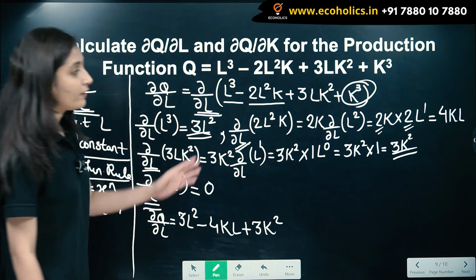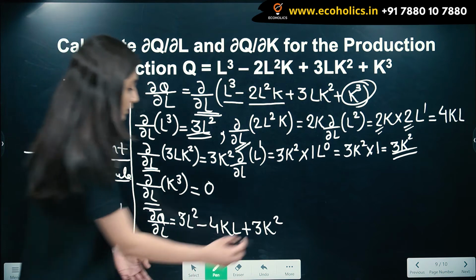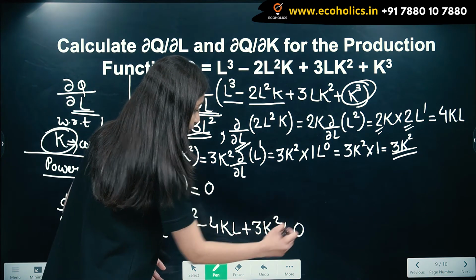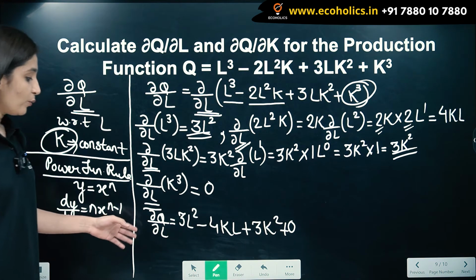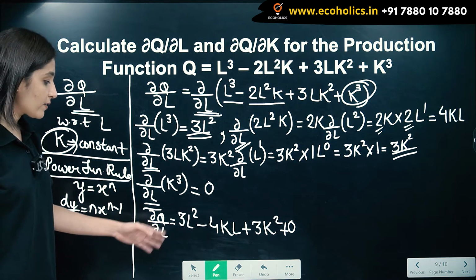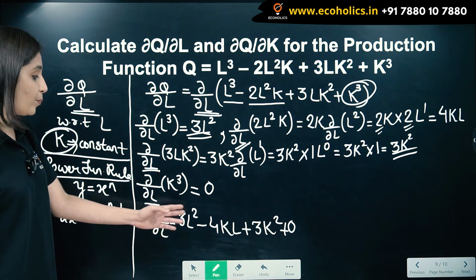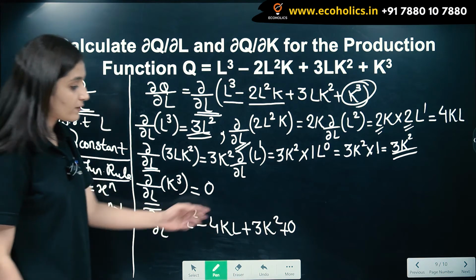And lastly, derivative for k cube, we got this as 0. So we got ∂Q/∂L as 3L square minus 4kL plus 3k square.